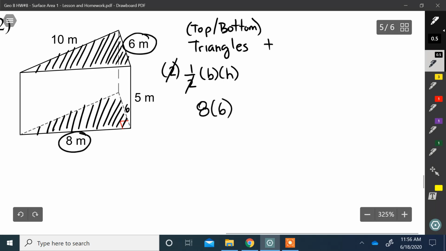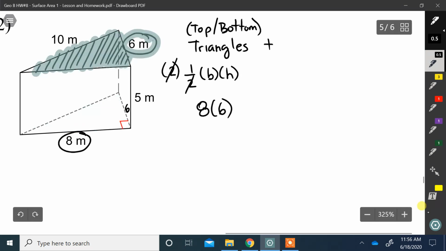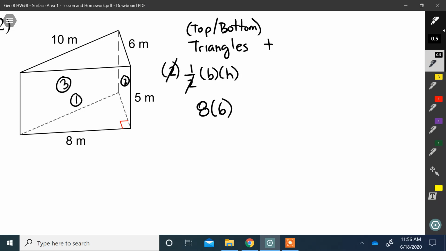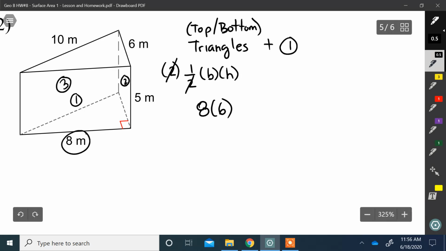Now let's talk about each side. As you can see, we have 3 different sides. We have one, which is the one on front. We have a second one here, and we have a third one here. The third side right there. I know that's kind of hard to see, but let's start with the first one there. The first one is 8 times 5.